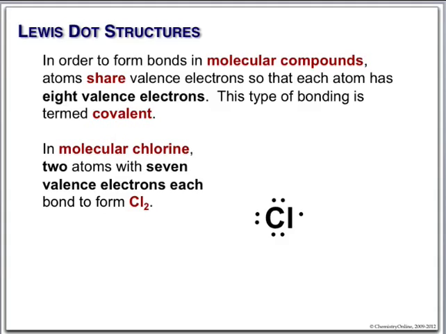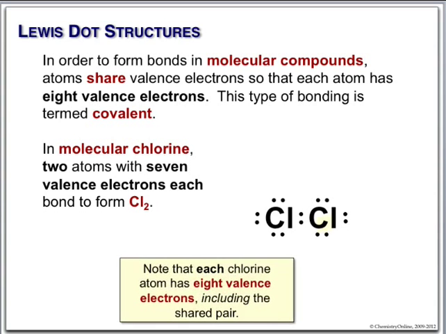We can show that using the Lewis structure. This is chlorine, it's in group 7, right? All we're going to do is bring in the other chlorine, so they're sitting next to each other. Now if you look, because we can count the shared ones twice, they're really good at sharing, this chlorine has an octet, doesn't it?